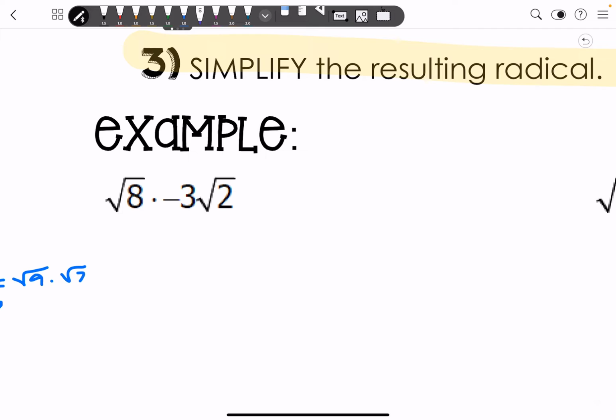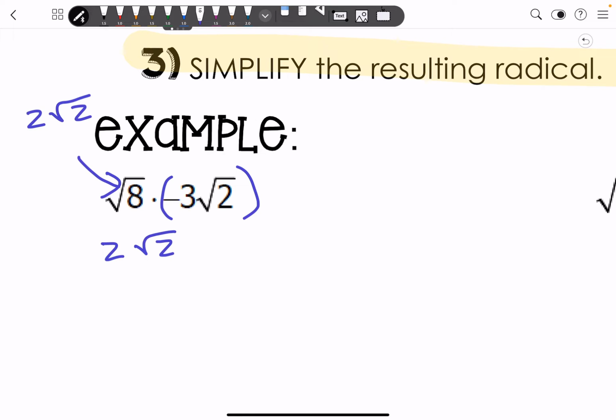All right, we've got the square root of 8 times negative 3 square root of 2. If you want to put parentheses around there so it helps you, you can. All right, square root of 8 is 2 square root of 2. So let's rewrite that part. Now remember, outside times outside.